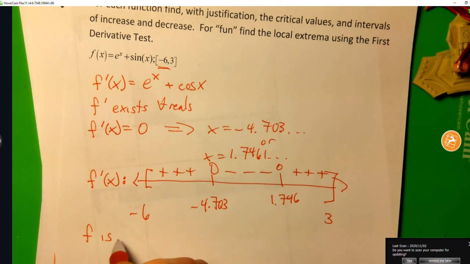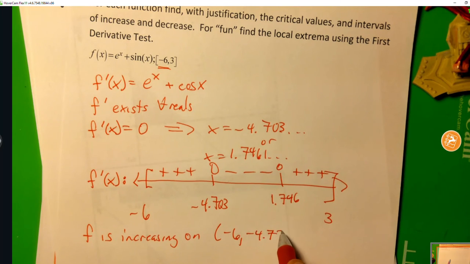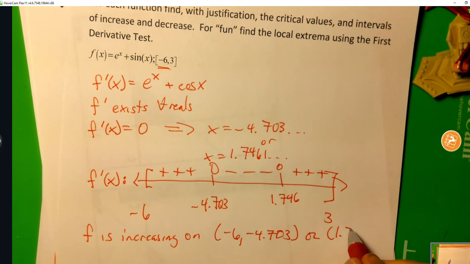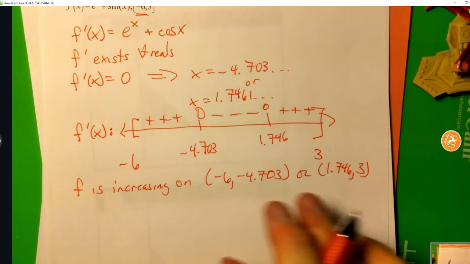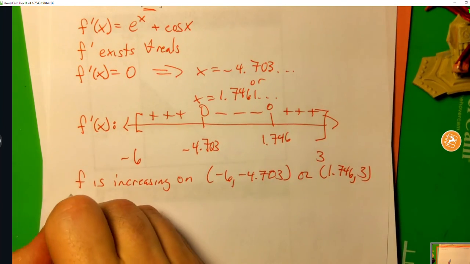And now I'm going to justify. Okay, f is increasing on the open interval from -6 to that first critical value, or the second critical value to 3. Now justify it. Why?